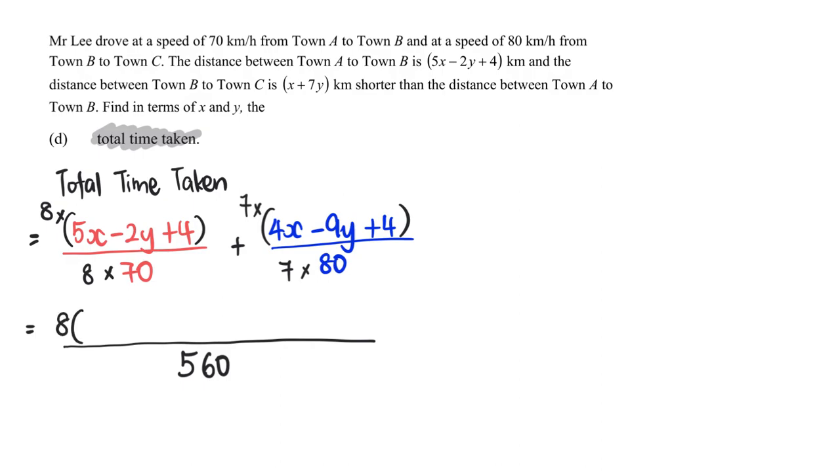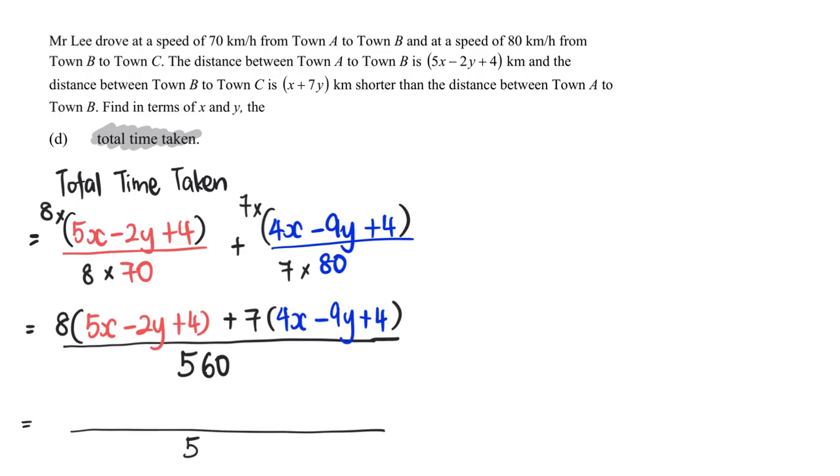Okay, I am not going to expand out first, just write neatly. This will help me to prevent any careless mistake that I may make. So Mr. Tan is just to be on the safer side, okay? Then I am going to expand and simplify.